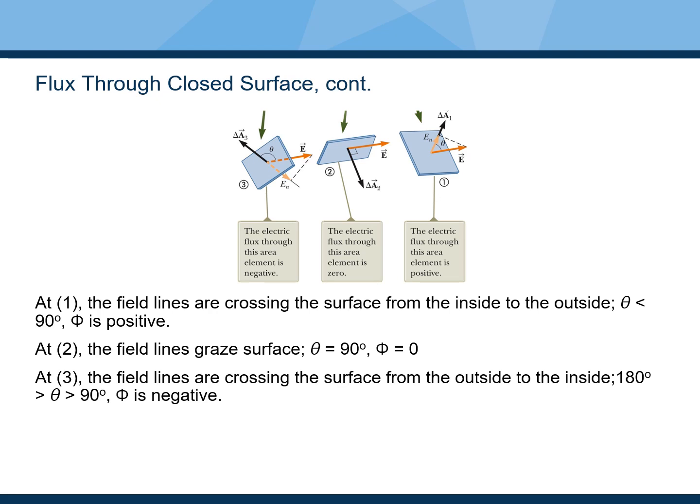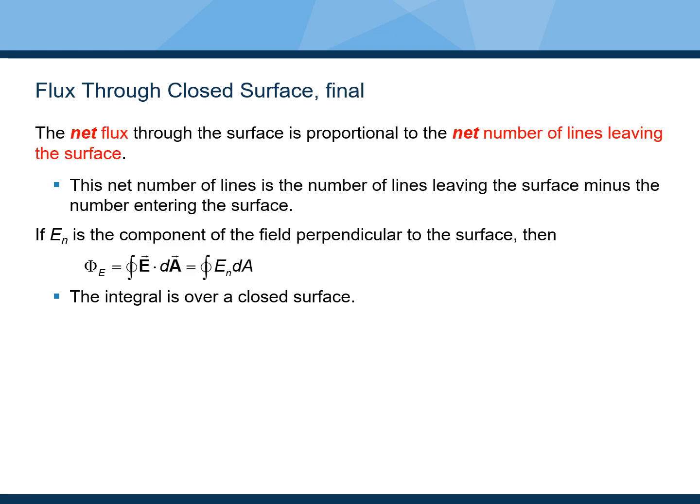With that, let's move on and define our notion of flux through a closed surface. We've already seen that we can take E vector dotted with an infinitesimal area dA vector, and this gives us an infinitesimal amount of flux. Across a closed surface, we can write the area integral in this fashion.